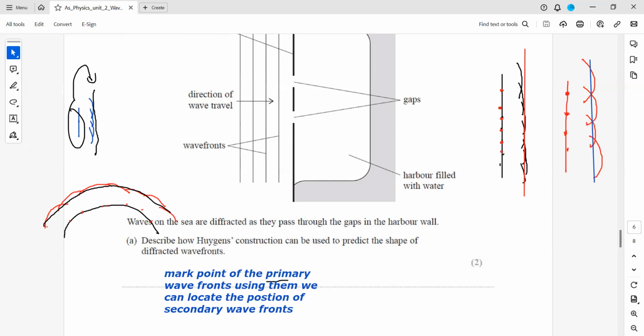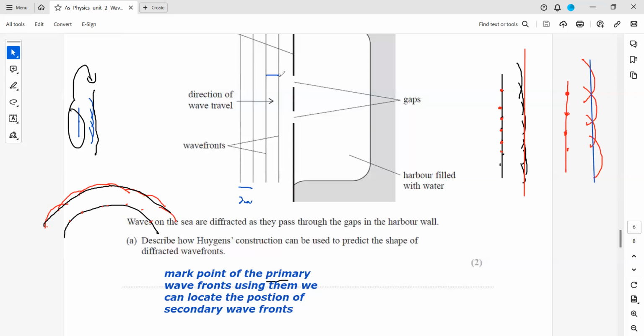How do we know the distance between them? The distance between them is the wavelength. For example, if this distance is 2 centimeters, then when we draw the arcs, the spacing should be 2 centimeters. How can you measure?